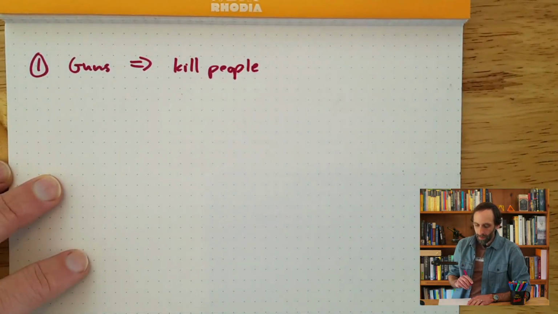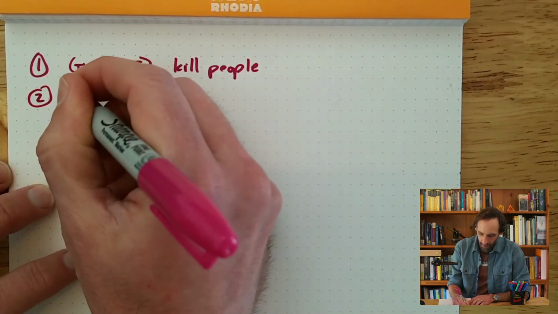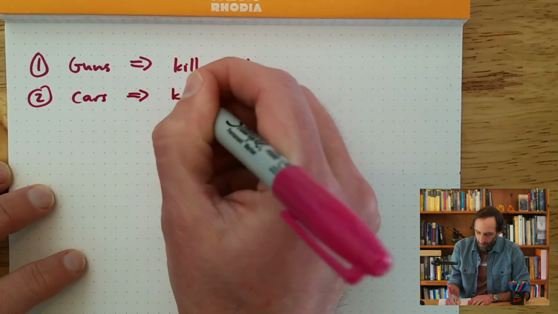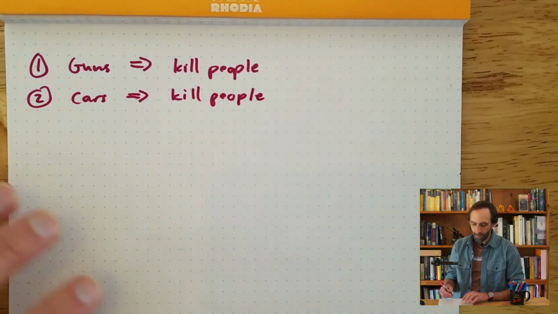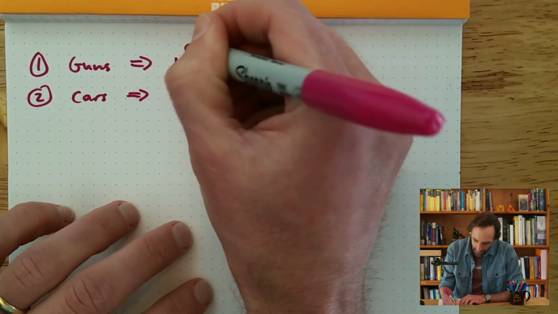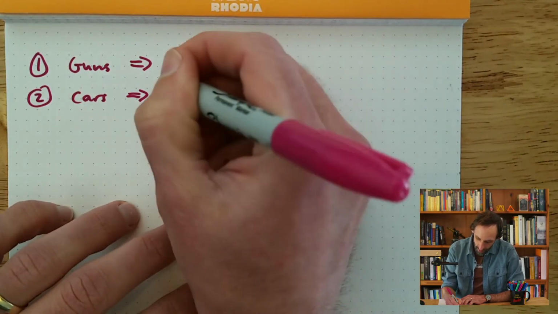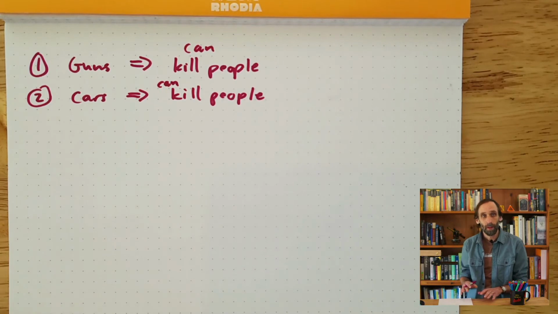Okay, but then the person may say, well, what about this second premise? That cars also kill people. Maybe I should put can. So guns can kill people and cars can kill people. Okay?